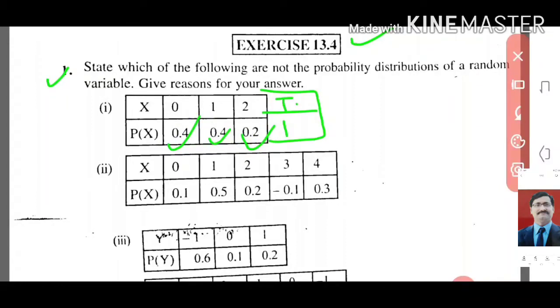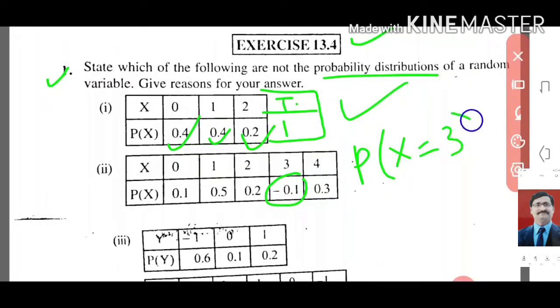The sum of all probabilities is equal to 1, so it is a probability distribution. And second, you can check here, this probability is negative. The probability of x equal to 3 is less than 0, which means this is not a probability distribution.